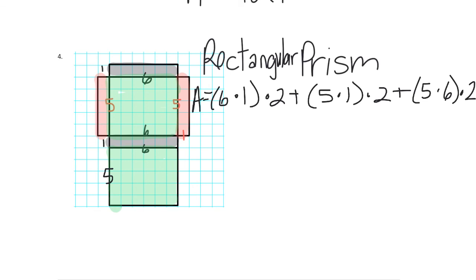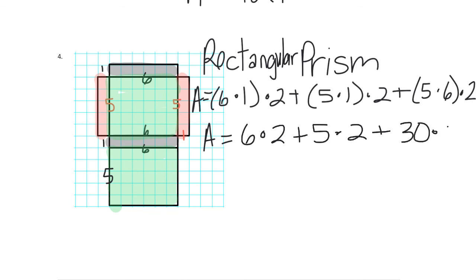So taking care of what's in parentheses first. We're going to do 6 times 2. 5 times 1 is 5 times 2. And then 5 times 6 is 30 times 2. And then I'll take care of my multiplication. 6 times 2 is 12. 5 times 2 is 10.